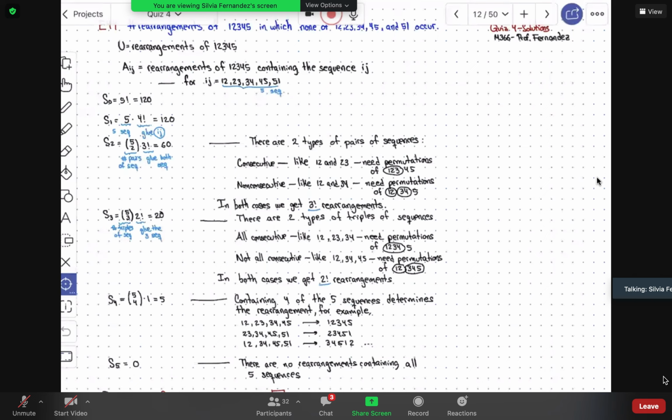This is another example where all the cardinalities of all the intersections by pairs or by triples are the same. You can see here, I have 5 sets, and I'm counting the number of triples, the number of pairs, the number of singletons, the number of quadruples, and each one has the same counting, and that's why I just multiplied them. So this is another example of that easier part.